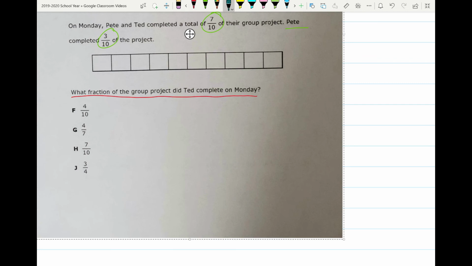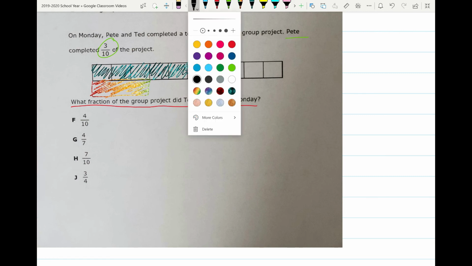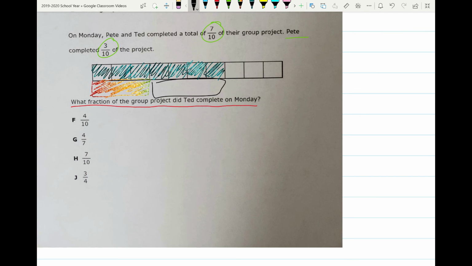Okay, well, let's see. They completed 7/10, so let's shade in 7/10. 1, 2, 3, 4, 5, 6, 7. Okay, and then we know Pete did 3/10 of it. So 1, 2, 3. So this is what Pete did. If Pete did this part, then who did this?